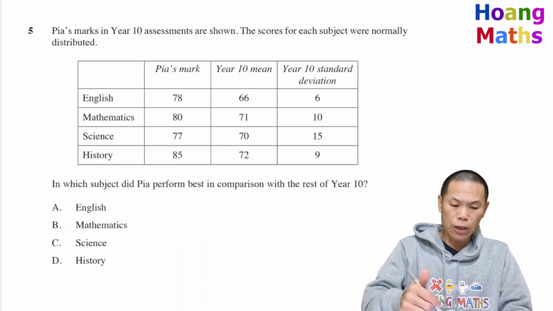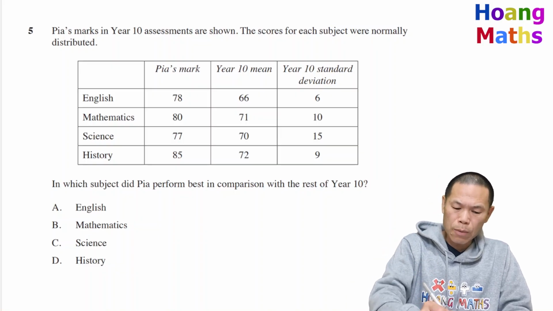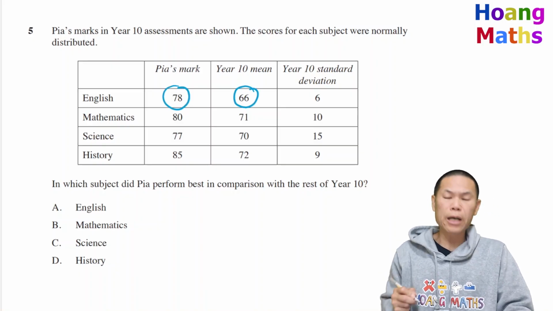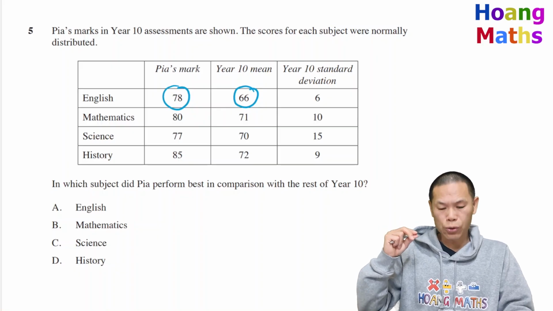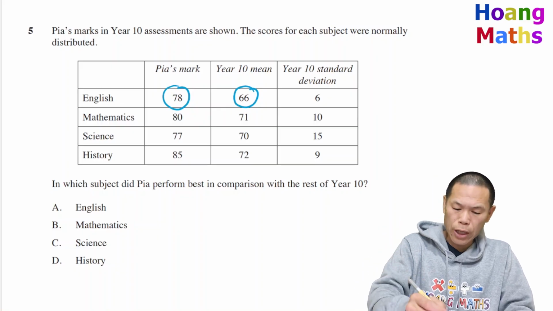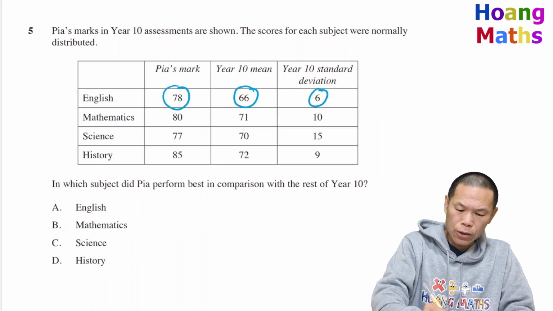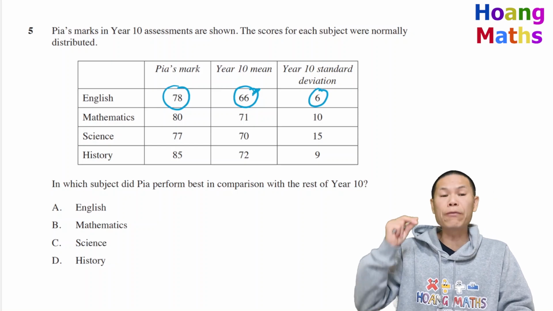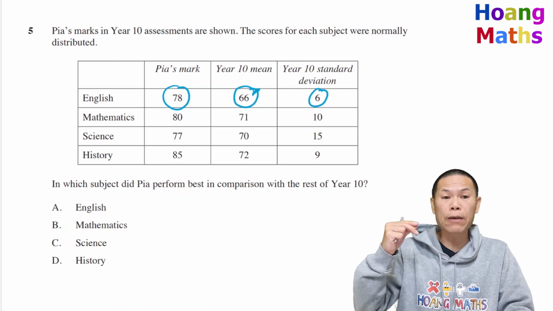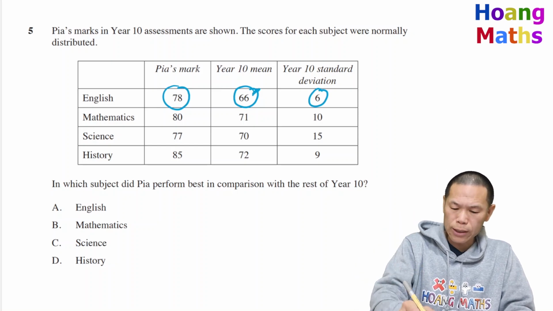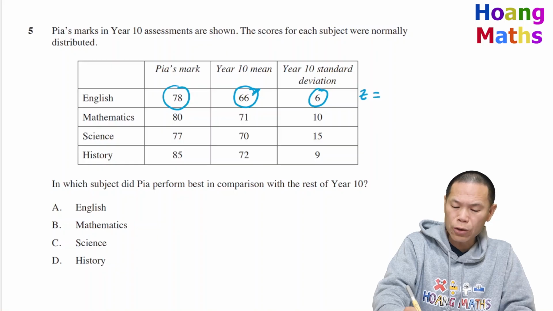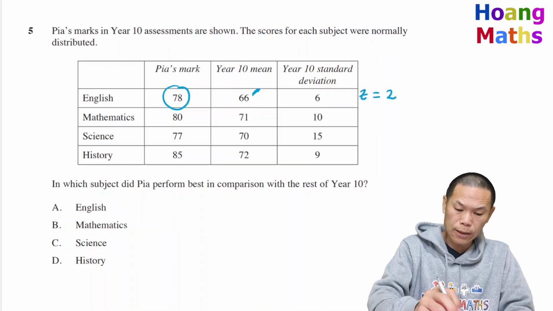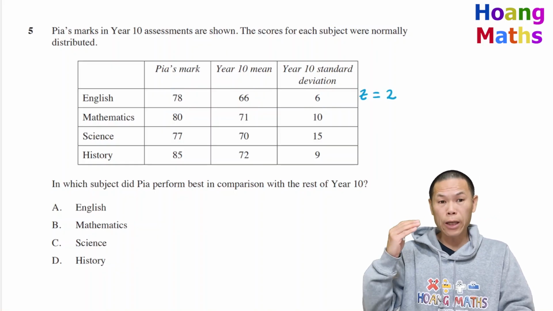For English, the mean of Year 10 is 60, and this is Pia's score. If we add 6 to the average, we get 72. Add another 6, 78, correct? So the z-score is equal to 2. That's her z-score in English.